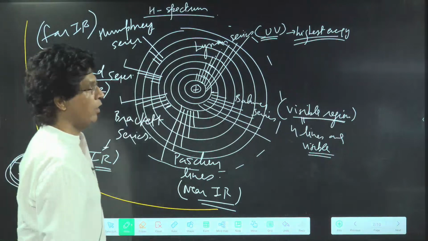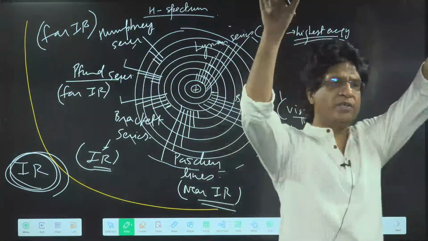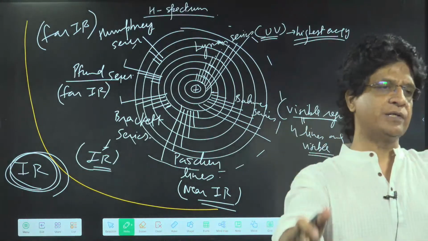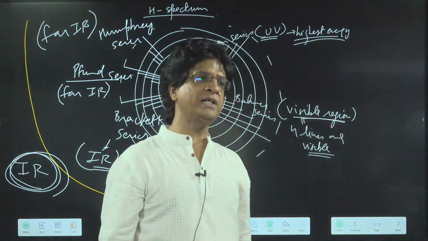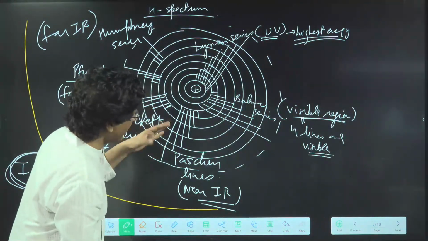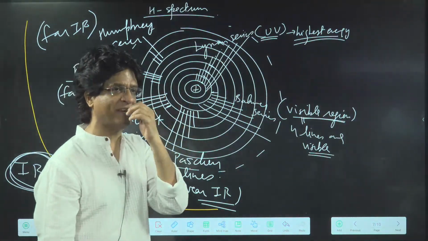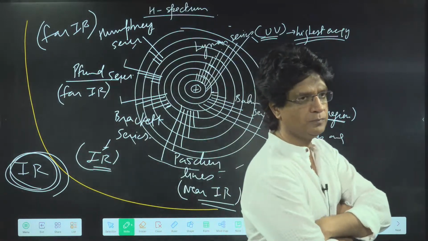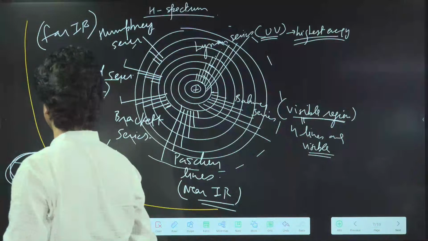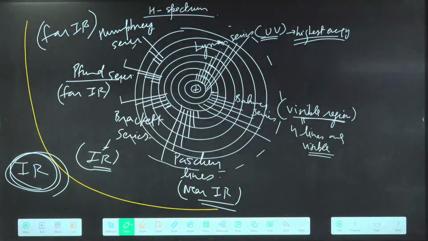Collectively they all belong to it, and each series can have infinite lines. When I say infinite lines, it means they are throwing infinite photons of infinite types of energies. Yes or no? Very good.